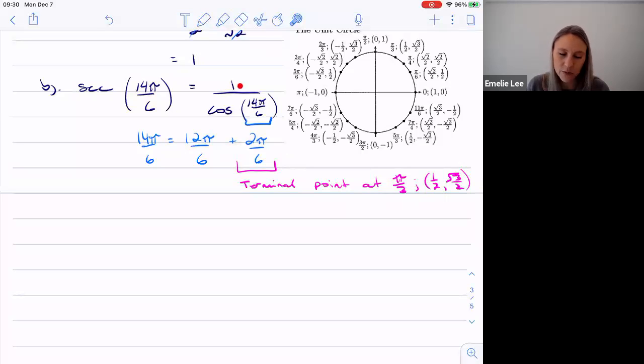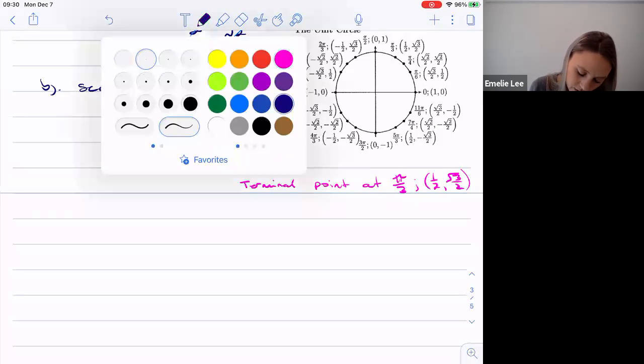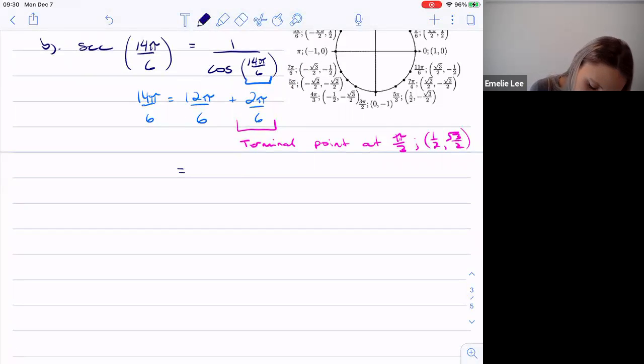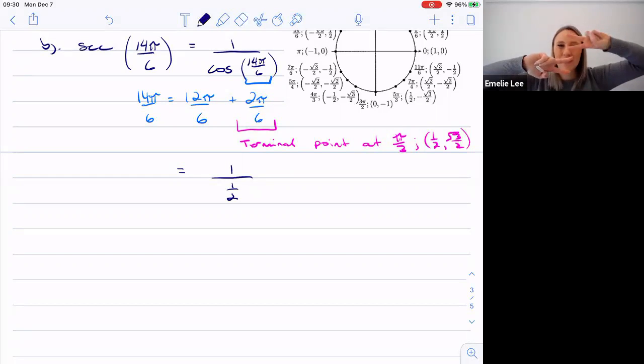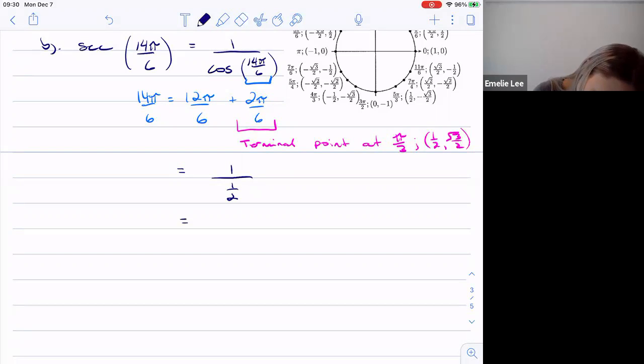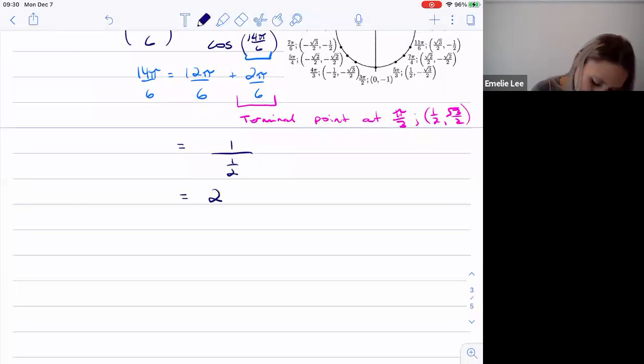Now I can rewrite 1 over the cosine of essentially pi over 3. The cosine is 1/2. So now I've got 1 over 1/2, which becomes 1 divided by 1/2. Basically a fraction over a fraction again: flip and multiply. And so I get 2.